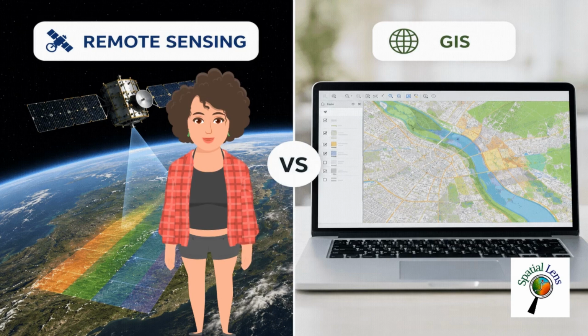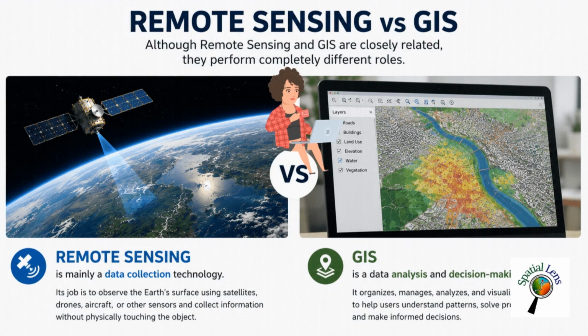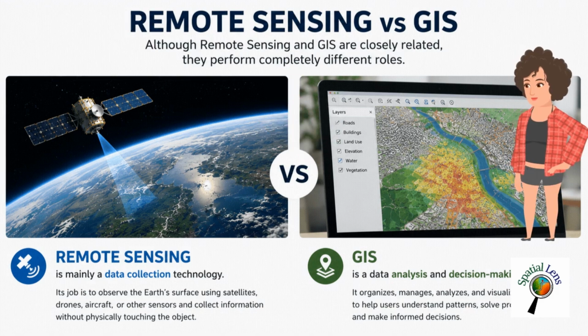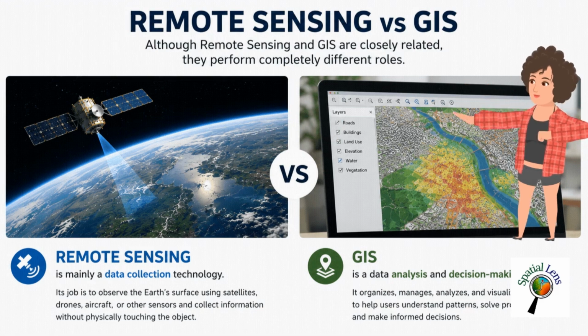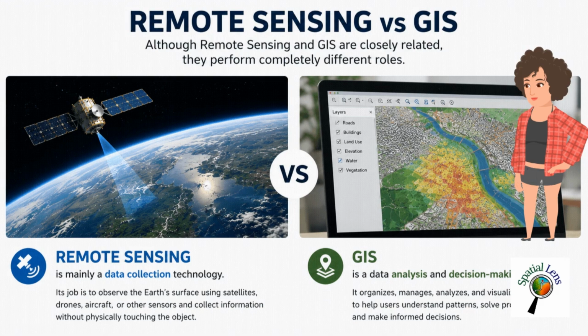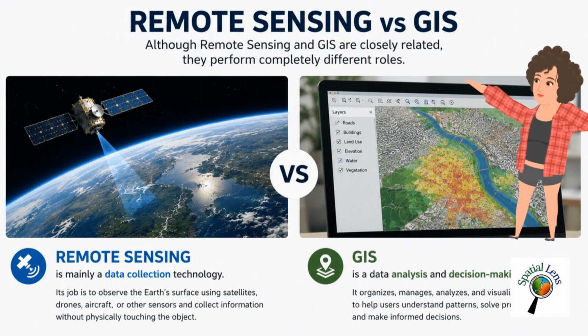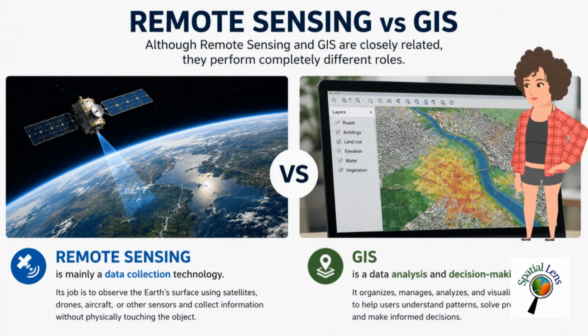Difference between remote sensing and GIS. Although remote sensing and GIS are closely related, they perform completely different roles. Remote sensing is mainly a data collection technology. Remote sensing is the process of observing the Earth's surface using satellites, drones, aircraft, or other sensors to collect information without physically touching the object.